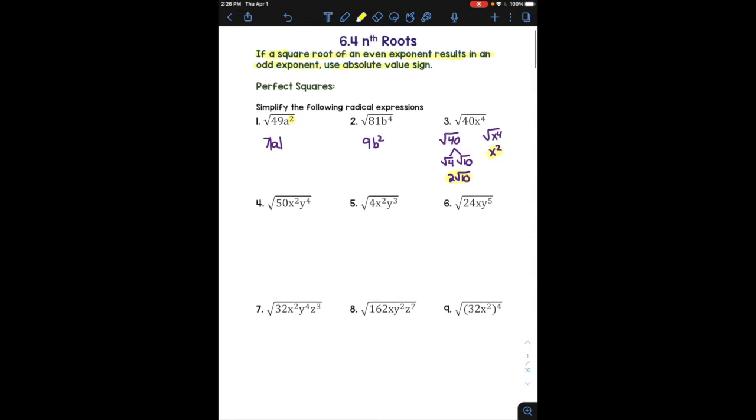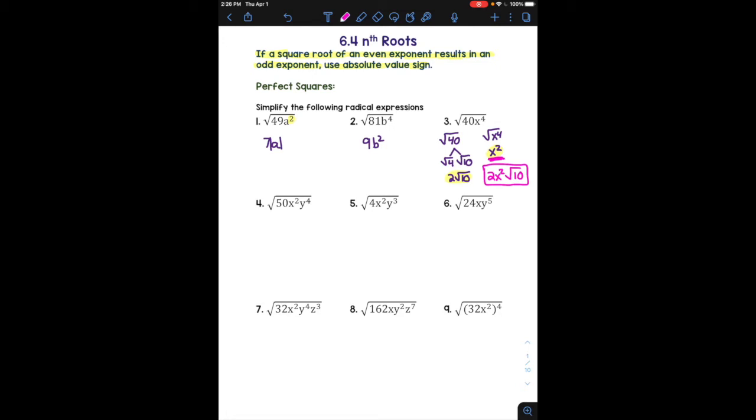Since in 2 root 10, the 2 is on the outside and the 10 is on the inside of the radical, and the x squared is on the outside, the simplified radical form for the square root of 40x to the 4th would be 2x squared root 10. We're just putting those two values together, in which the 2 and the x squared are outside the radical and the 10 stays inside the radical.